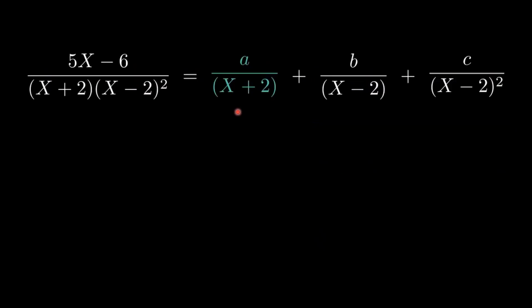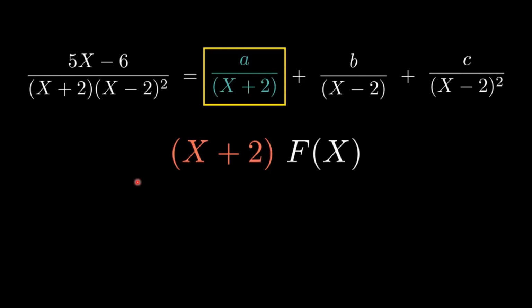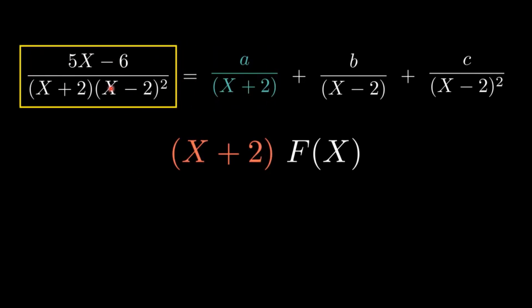We start with the constant a. By what factor do we multiply the fraction to make the polynomial below the constant a disappear? We will multiply f of x by x plus 2. On the left side, we simplify by x plus 2, so we get this fraction.